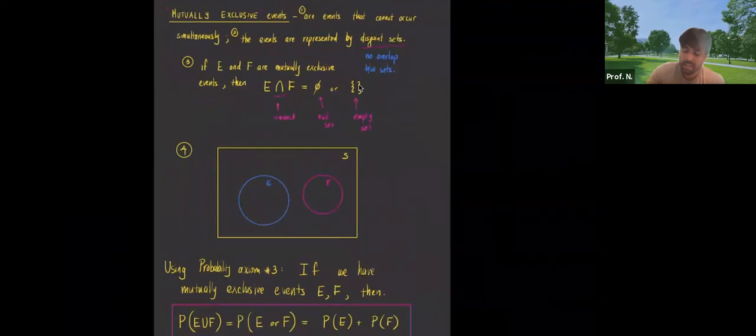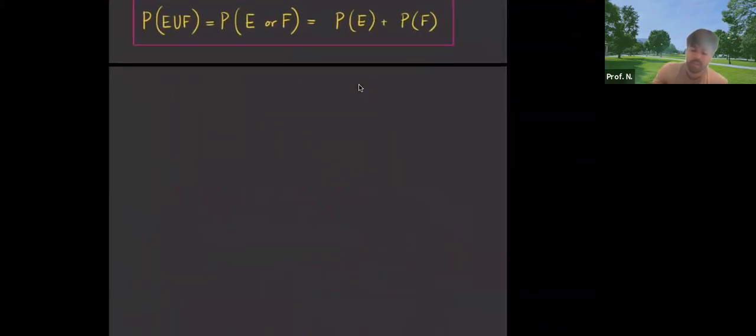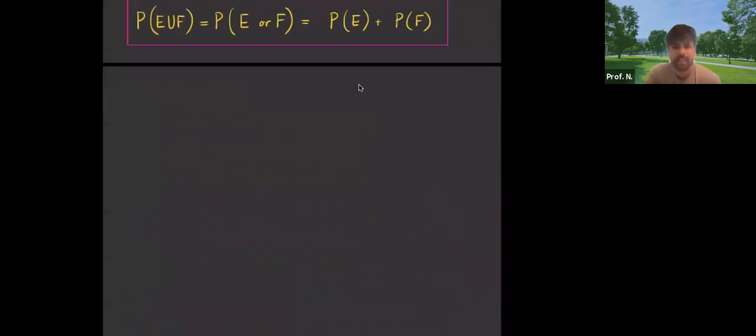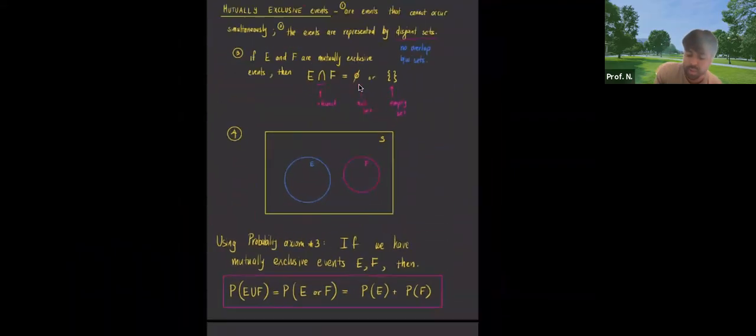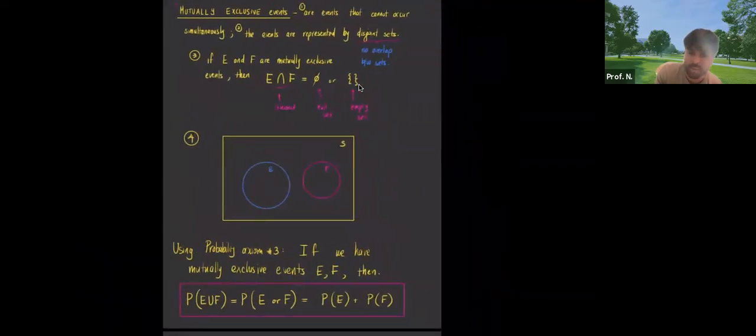Once we have that definition clear, then we know when to add. I think some of you have asked that question before: how do you know when to add, and how do you know when you multiply probabilities? One prerequisite to add is that these events are disjoint.